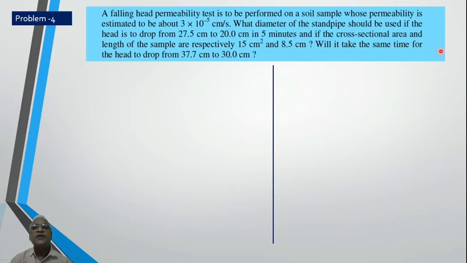Will it take the same time for the head to drop from 37.7 centimeter to 30 centimeter? Here there is a difference of head of 7.7 centimeter, whereas here there is a difference of 7.5 centimeter. Now can you guess which time will be more?